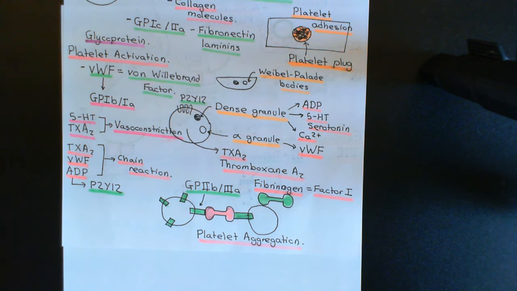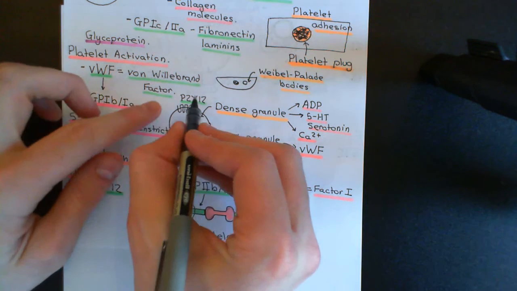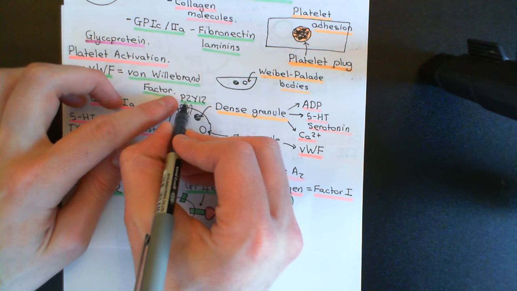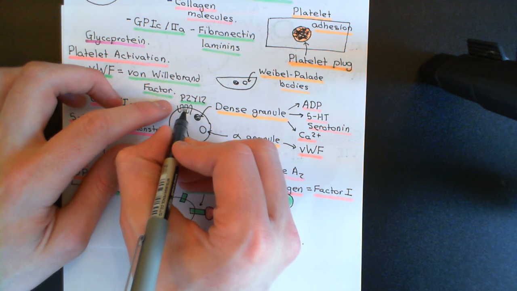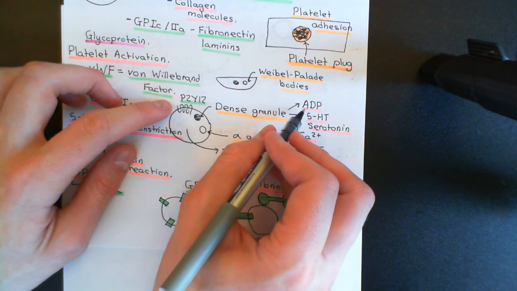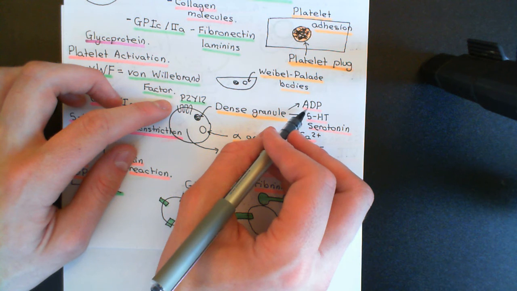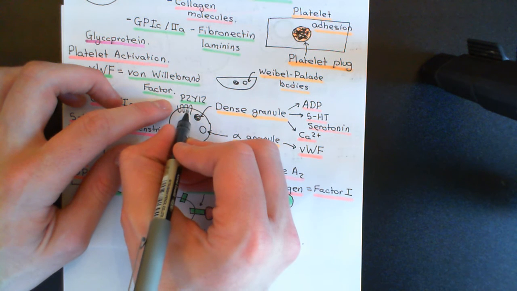So just like thromboxane A2, which takes part in this chain reaction, ADP also takes part in this chain reaction. Clopidogrel is an antagonist, a competitive antagonist for P2Y12 receptors. It binds to P2Y12 receptors and blocks ADP from being able to bind there. And itself, it does not activate the P2Y12 receptor.